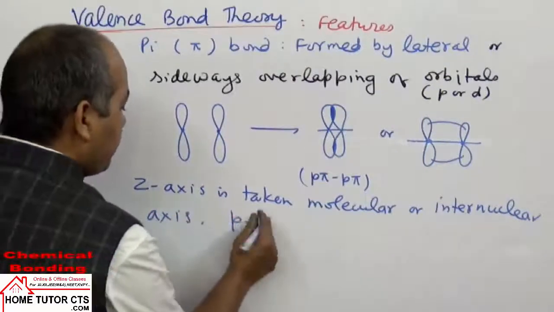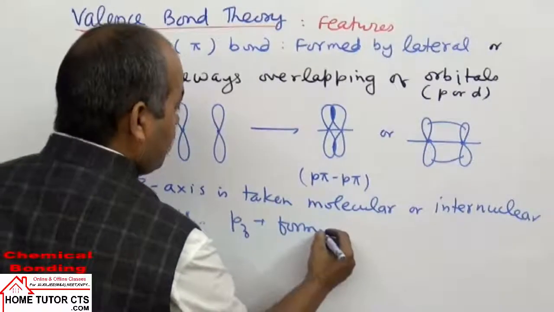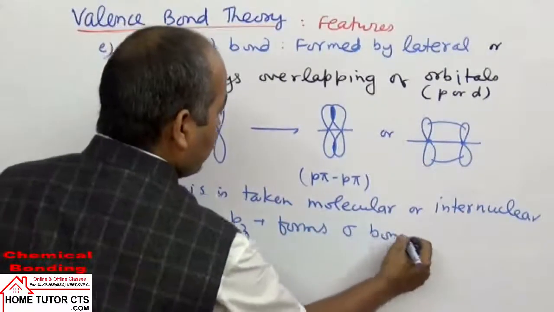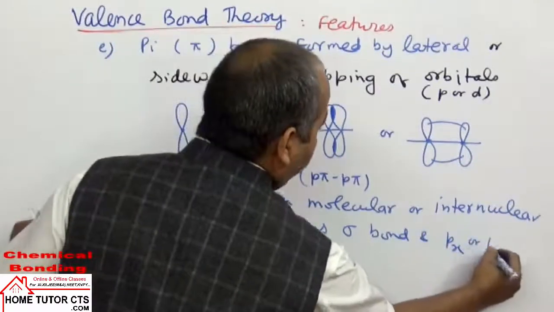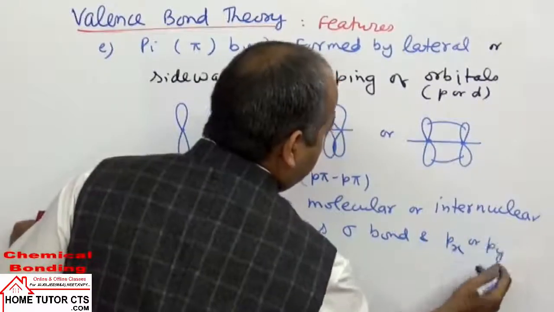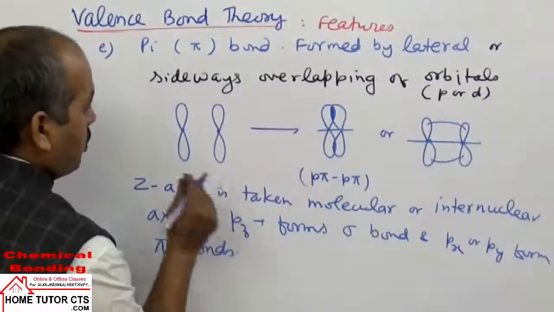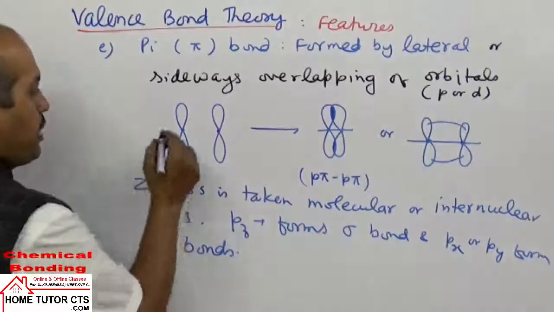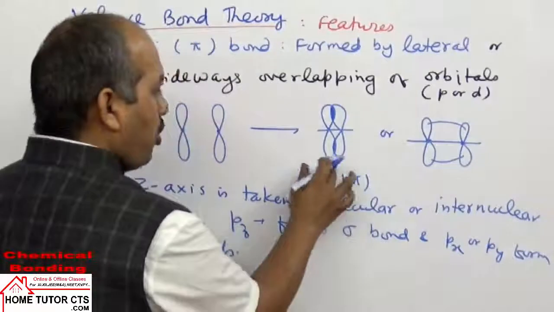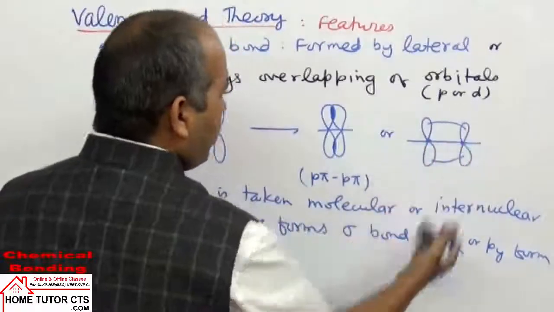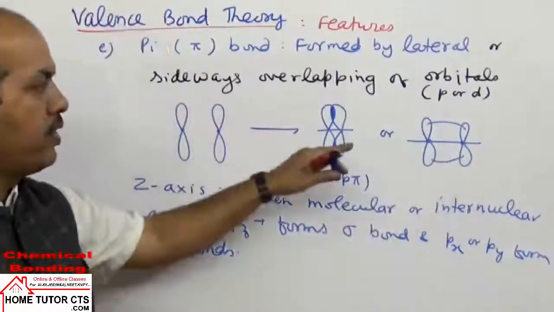So Pz forms the sigma bond and the rest, Px and Py, form pi bonds. When the overlapping of 2 p orbitals is lateral, they form pi bonds. It is a common way of writing, or we can just draw, for simplification, the lateral overlapping of p orbitals forming pi bonds, as given here.